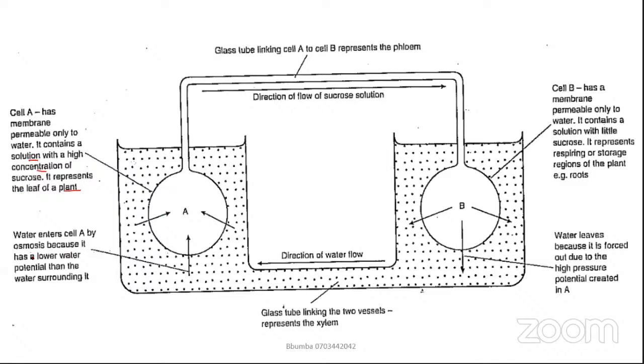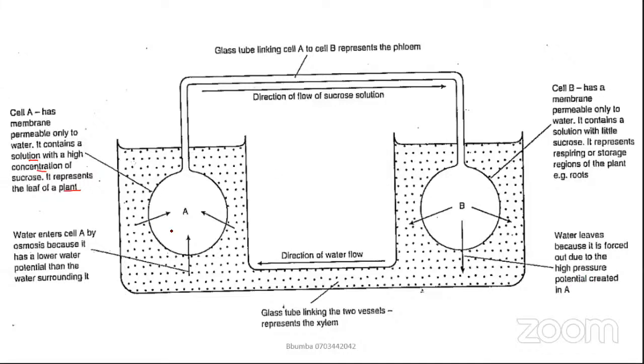Now, water enters cell A by osmosis because it has a lower water potential than the water surrounding it. And then cell B has a membrane permeable only again to water. It contains a solution with a little sucrose. It represents respiring or storage regions of the plant. And then water leaves because it is forced out due to the high pressure.